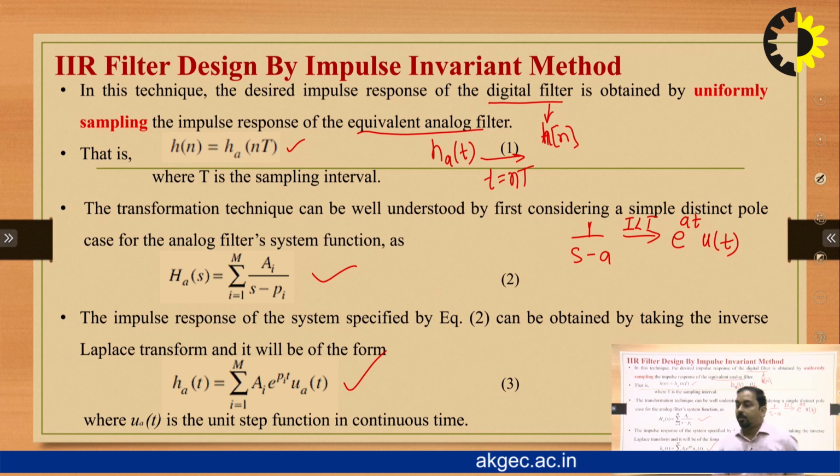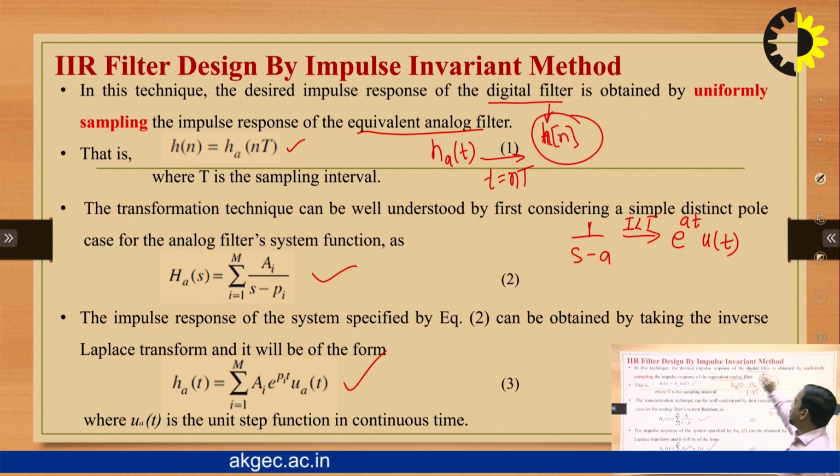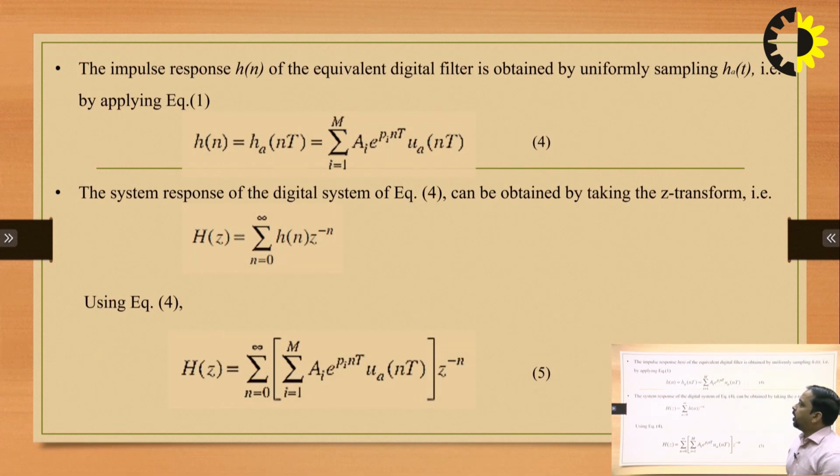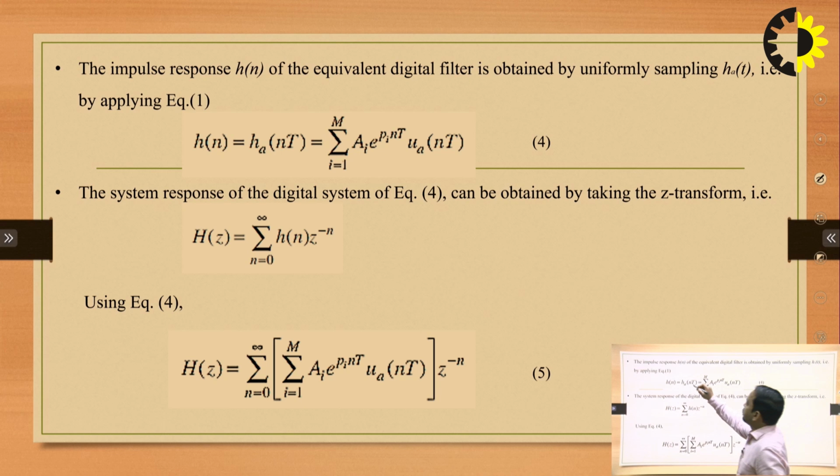Now, this impulse response of the analog filter will be transformed to the impulse response of the digital filter with the help of the process called uniform sampling. So, instead of t, I am going to put t equals nT, from our equation number 1.